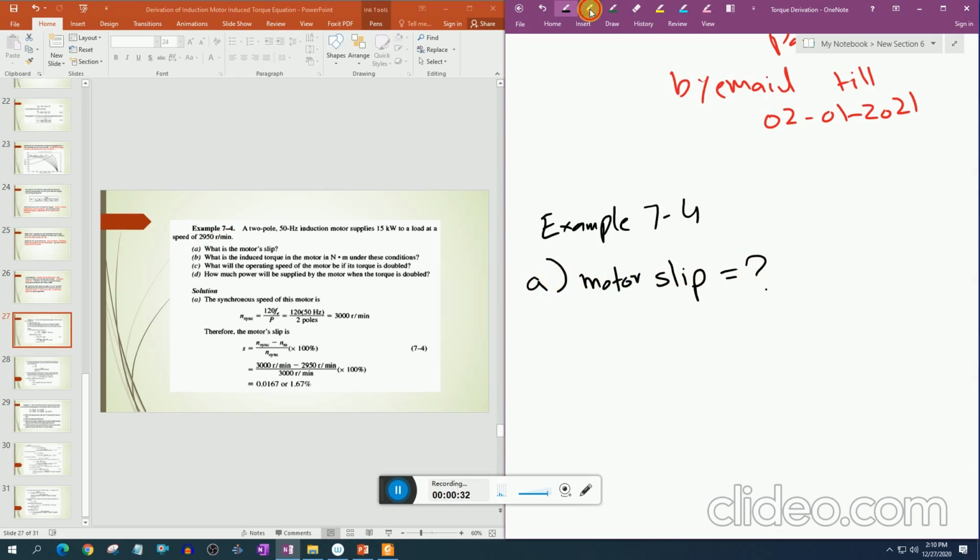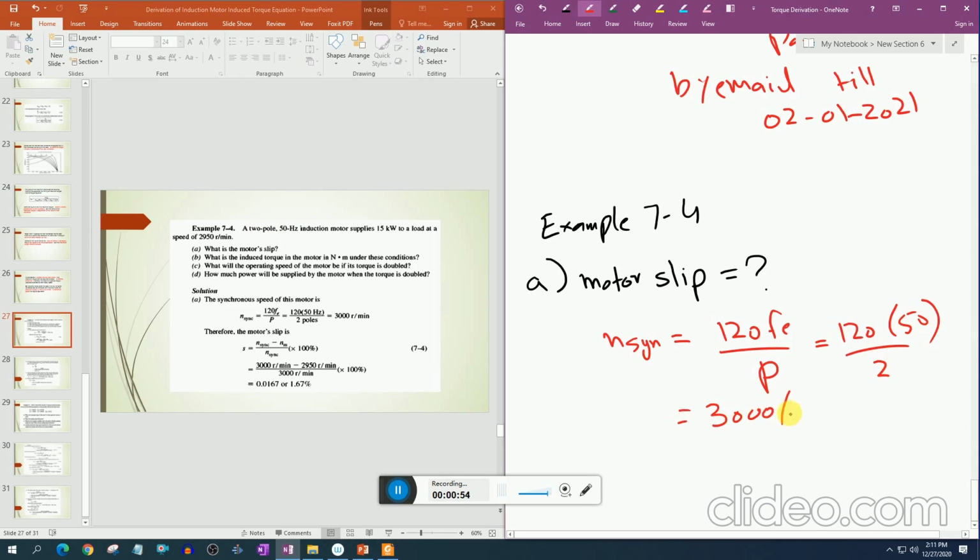As we know, the synchronous speed is given as 120 Fe over P. Fe is 50, P is 2 poles. Putting these values here, divided by 2, 3000 revolutions per minute.